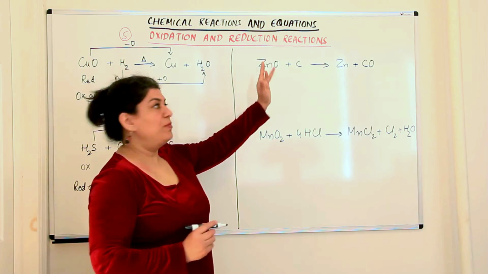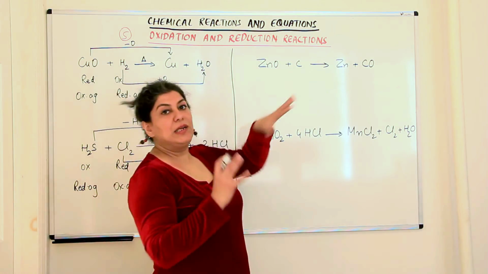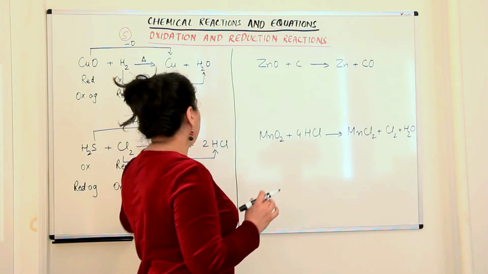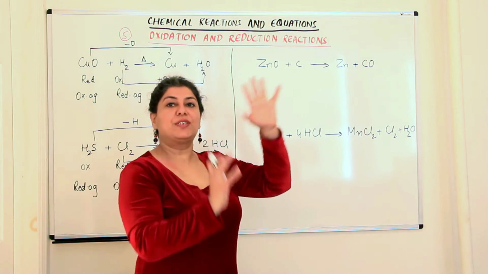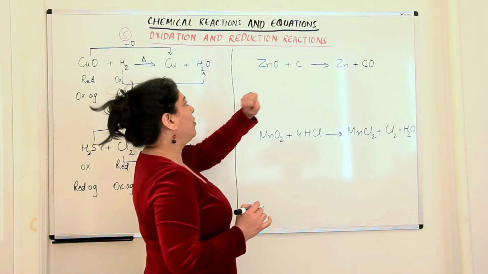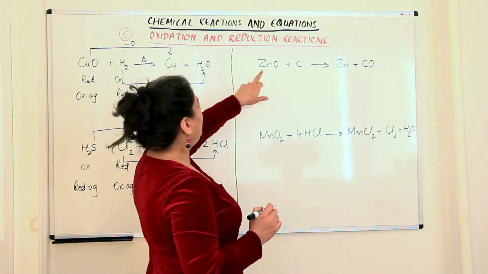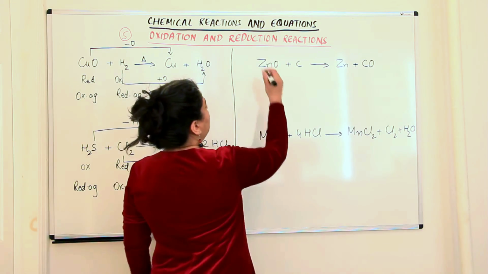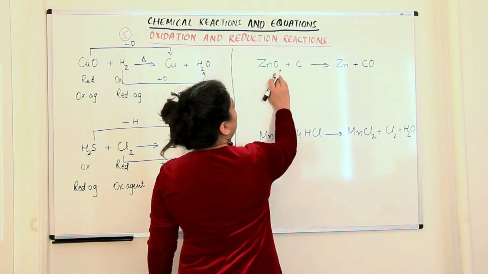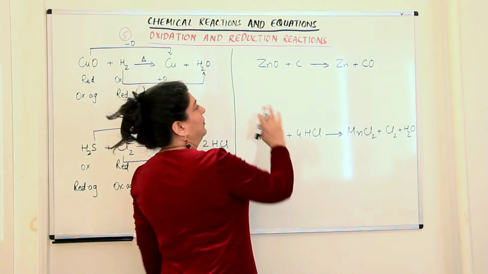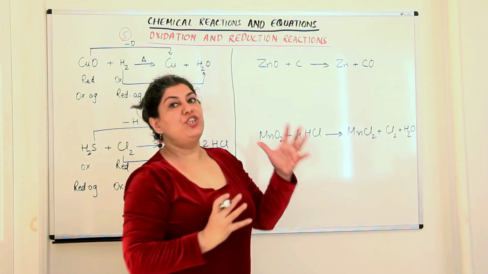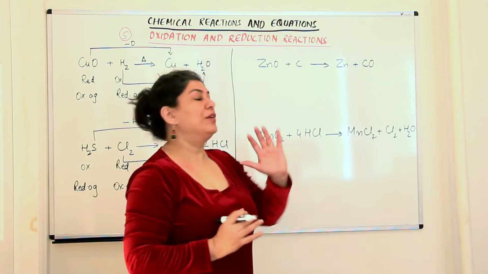Let us come to the next problem now. Now I'll move faster. I think you would have understood what I was trying to tell. We'll only move to the definitions and identify the reducing and oxidizing agents. Zinc oxide and carbon. Let us trace zinc now. We see there is oxygen, and which definition will we be using? Loss of oxygen, gain of oxygen.